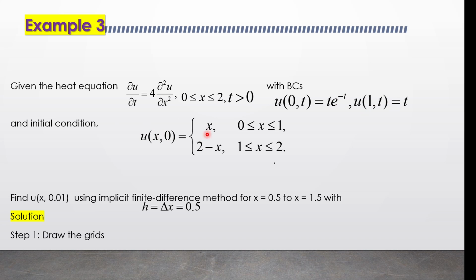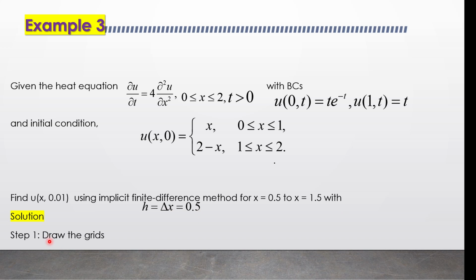And the initial condition given u(x,0) is x when x is from 0 to 1, and when x is from 1 to 2, the function is 2 minus x. Find u(x,0.01) using the implicit finite difference method for x from 0.5 to x equal to 1.5 with h equal to delta x equal to 0.5.